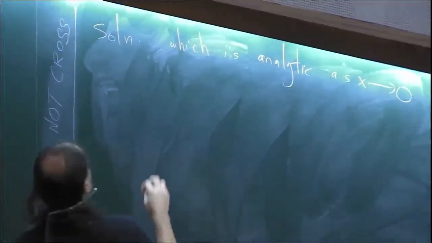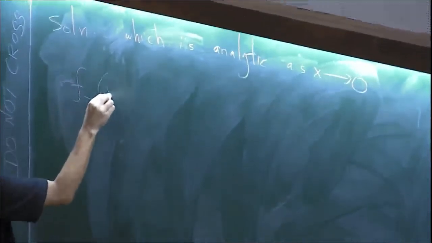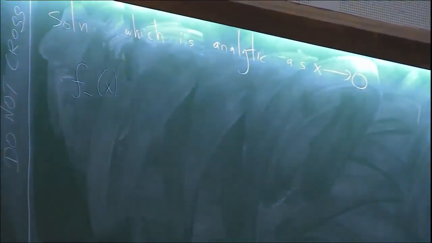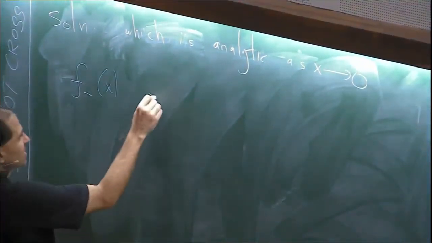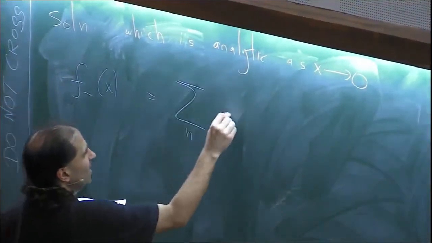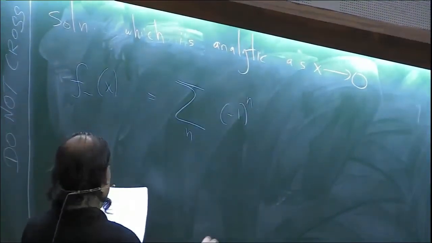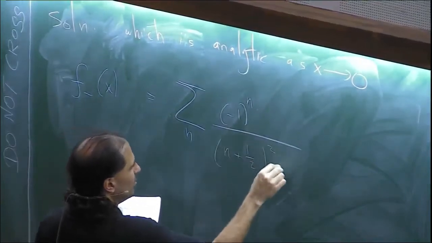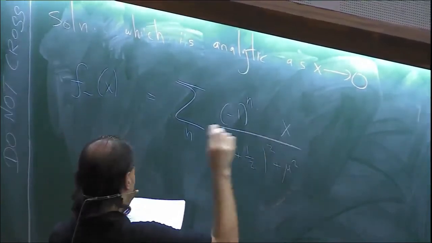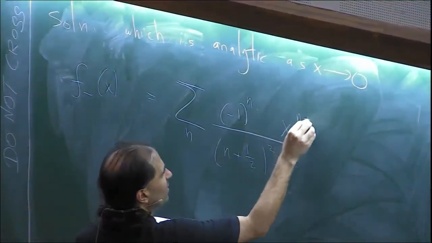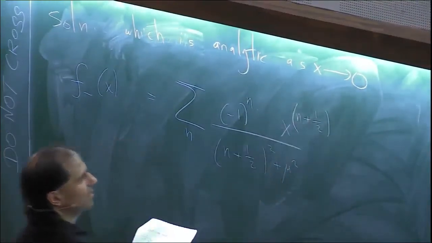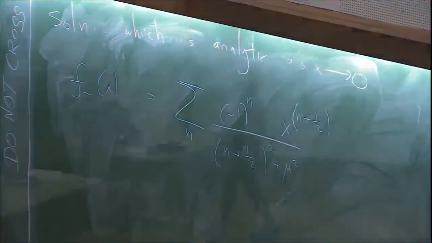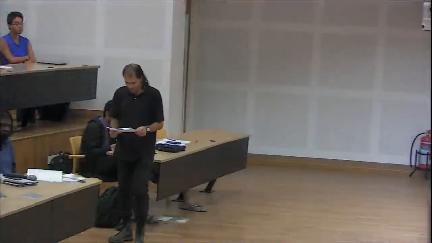Let's call that solution f minus of x, and we've just figured out what f minus of x is. It's the sum over n of minus 1 to the n over n plus a half squared plus mu squared, x to the n plus a half. x was e to the t, remember.